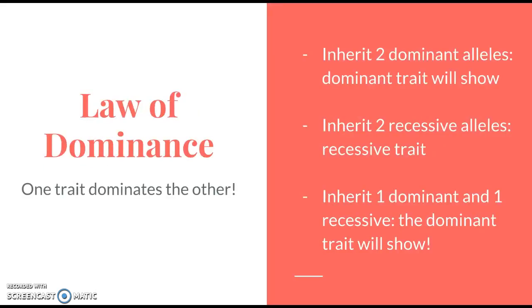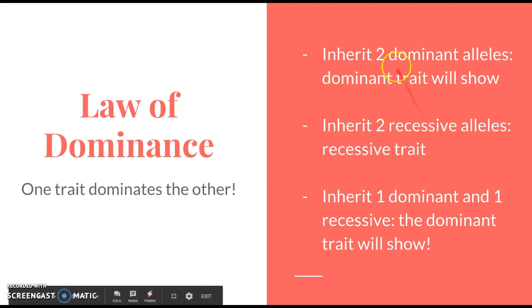Okay, so the law of dominance is literally one trait dominates the other. So if you inherit 2 dominant alleles, the dominant allele will show. Most likely if you have brown eyes or black hair, those overpower blue eyes and blonde hair. So you either have the 2 dominant traits to get that black hair or those brown eyes.